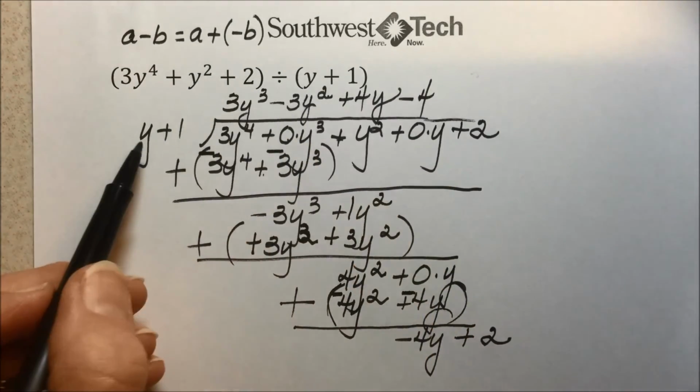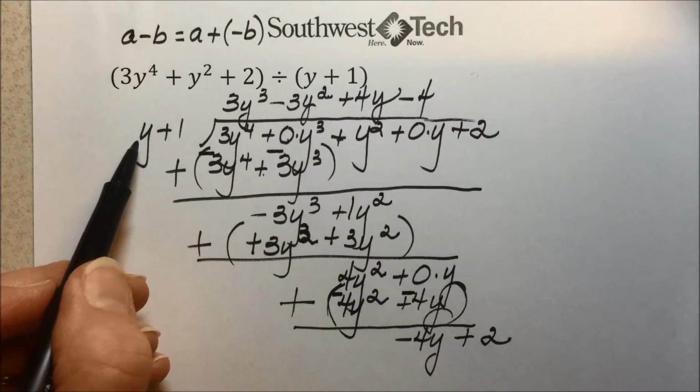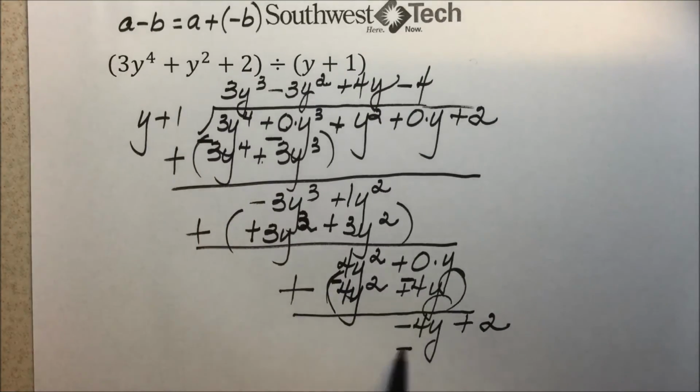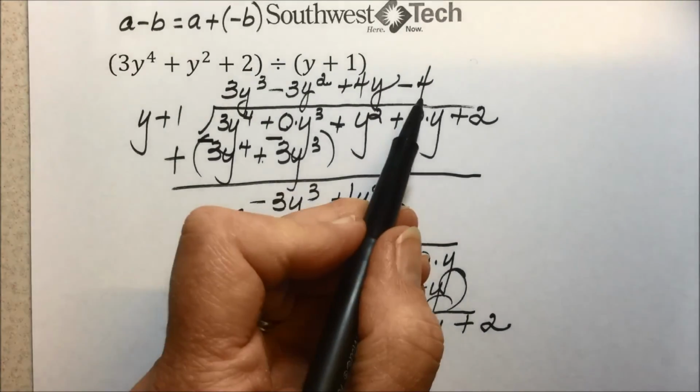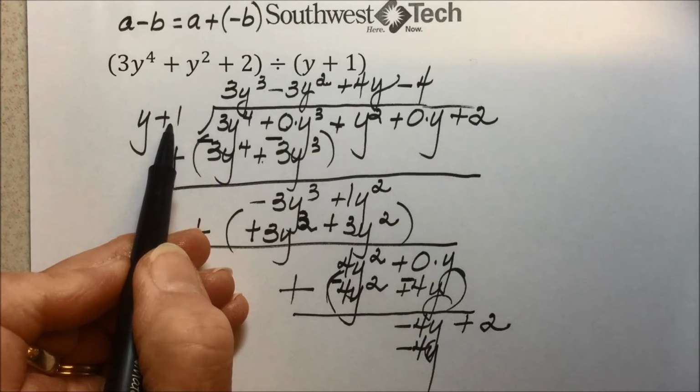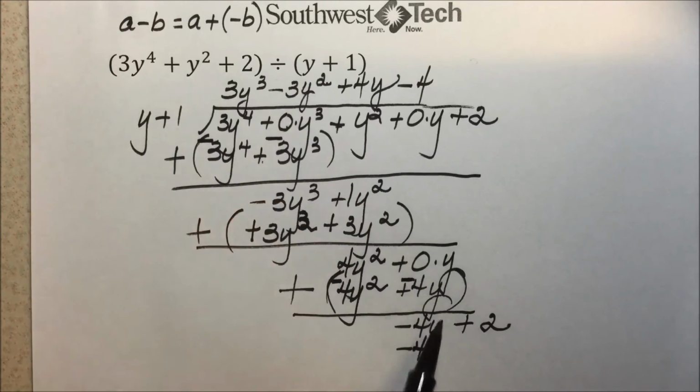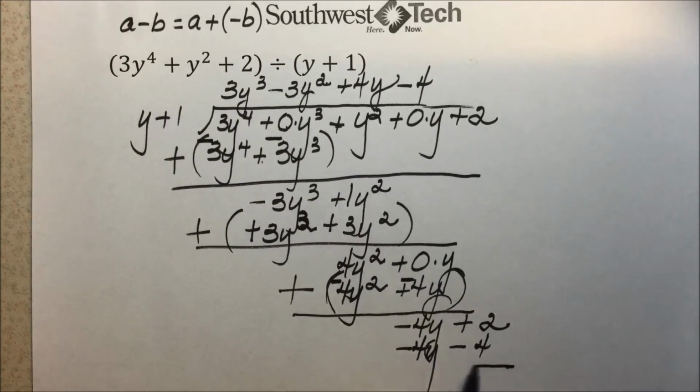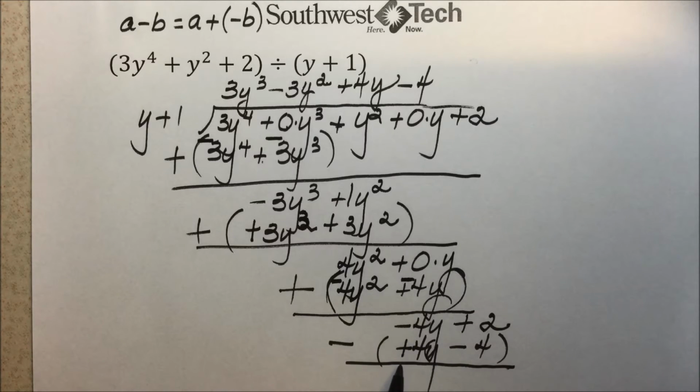We'll take negative 4 times y, which gives us a negative 4y, and we can't forget, we also need to multiply it by the 1. 1 times negative 4 is negative 4. Instead of subtracting this whole quantity, using the rule of subtraction, we'll change the signs to the opposite and then add.